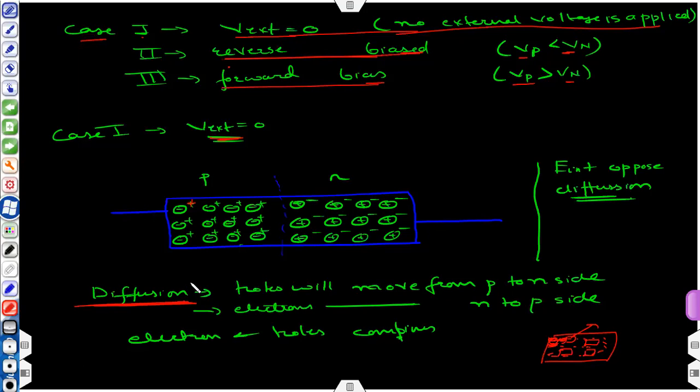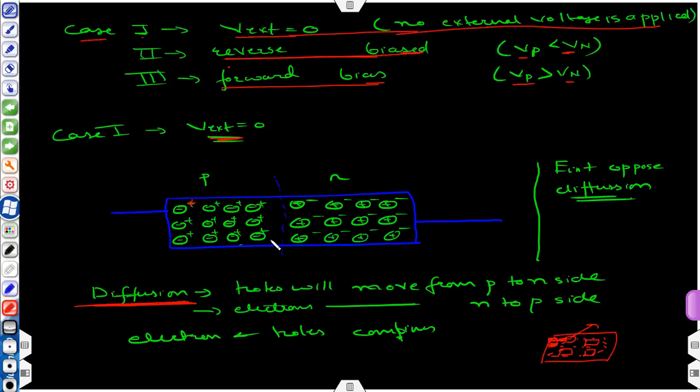So this is also applicable in this PN junction diode. Okay, so you can see that in the p side we have majority charge carriers as holes, and on n side we have electrons. So the holes will try to diffuse from p side to n side.